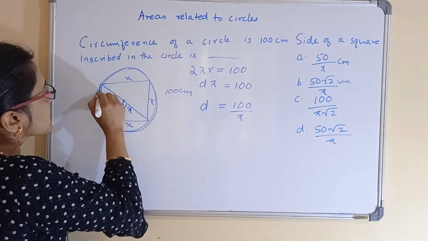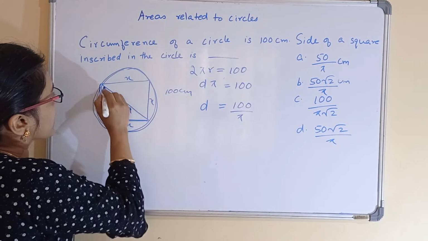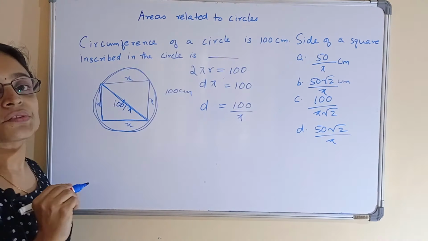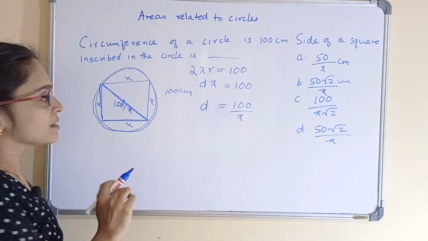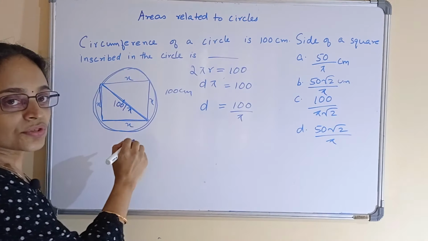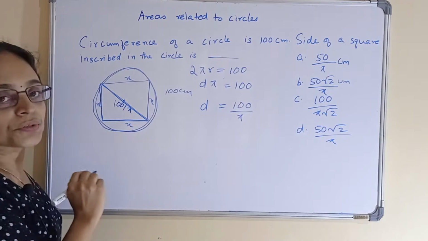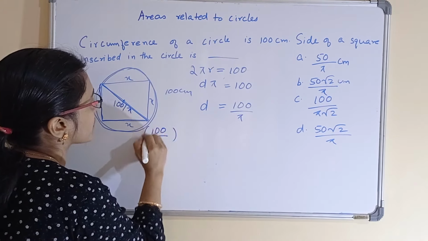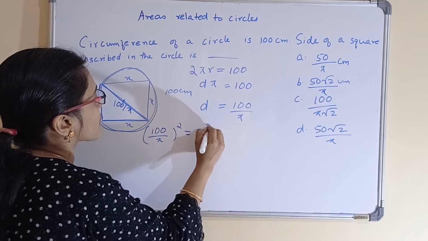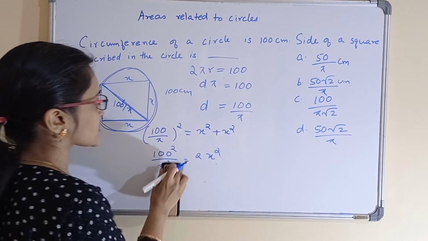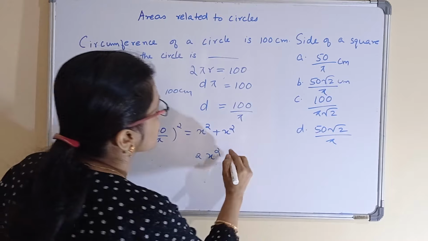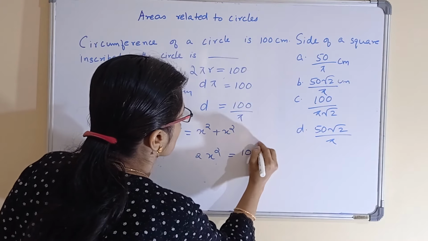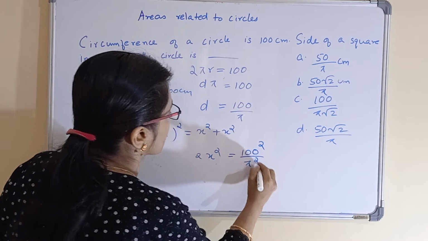And this is a right-angled triangle, right? From Pythagoras theorem, we know that hypotenuse square equals base square plus altitude square. That is, 100 by pi the whole square is equal to x square plus x square, that is 2x square. So 2x square equal to 100 square by pi square, right?